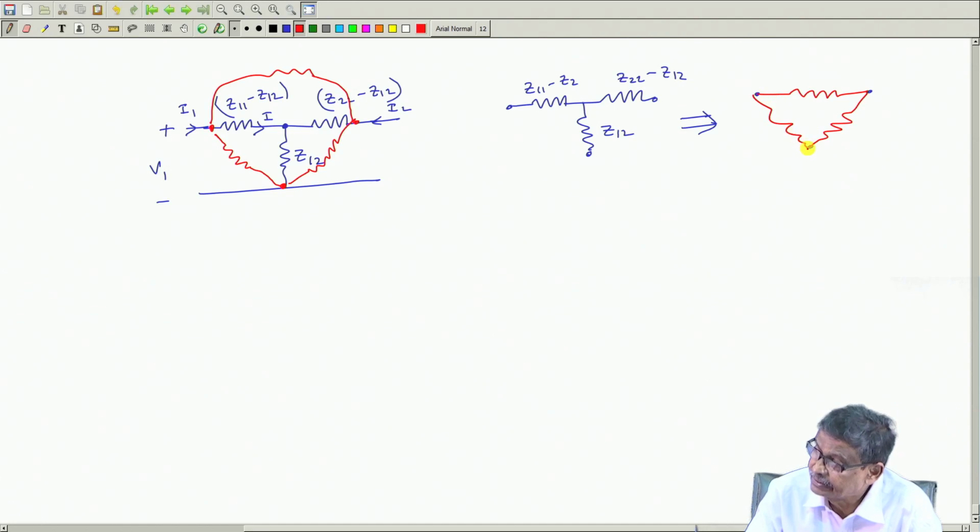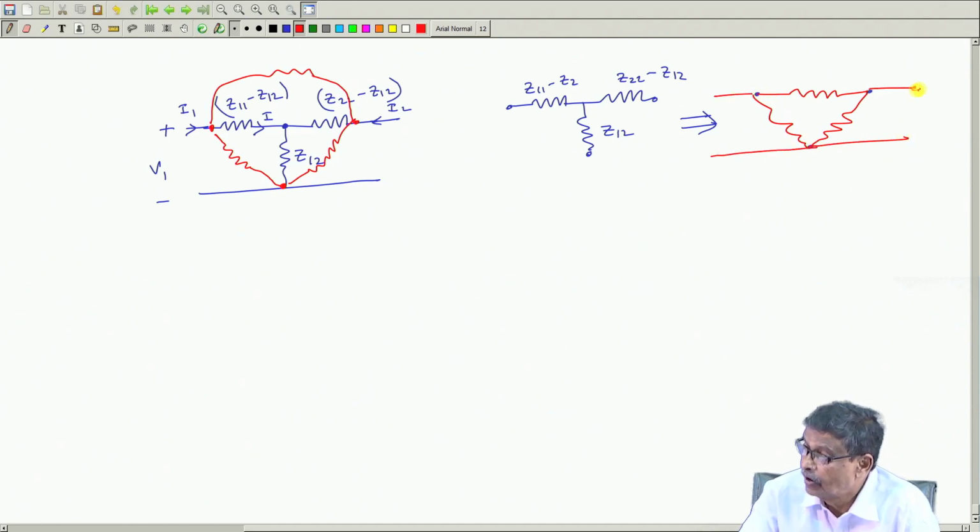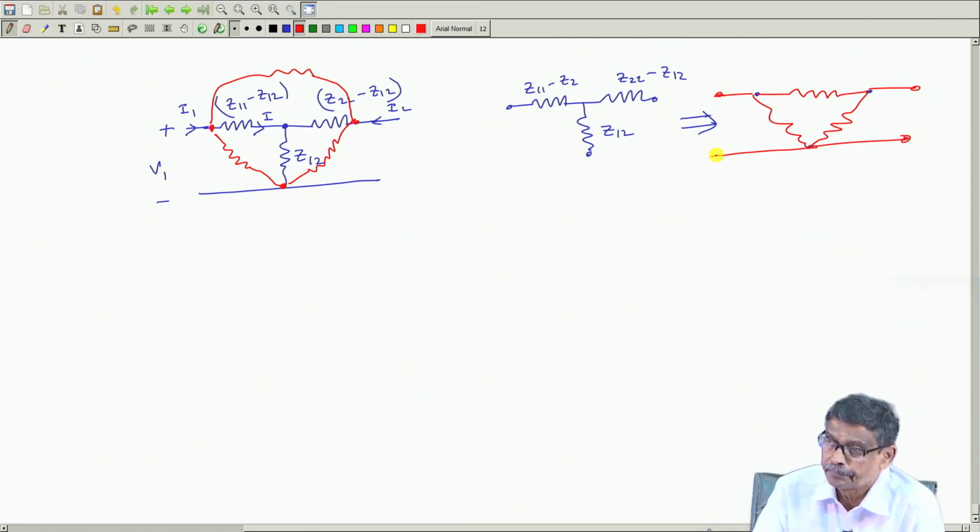That is what I told you. This is my input port and this is my output port, the input port remains the same. With respect to the input and output ports, you can draw it like this.